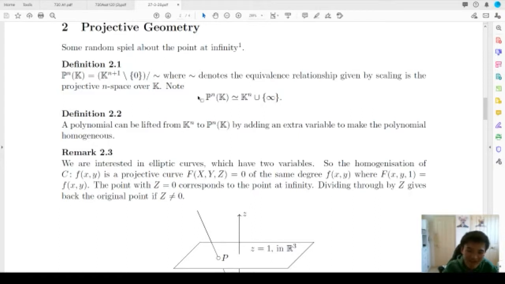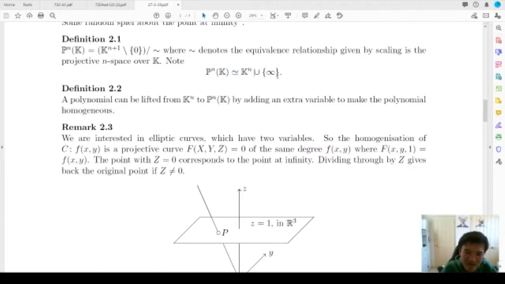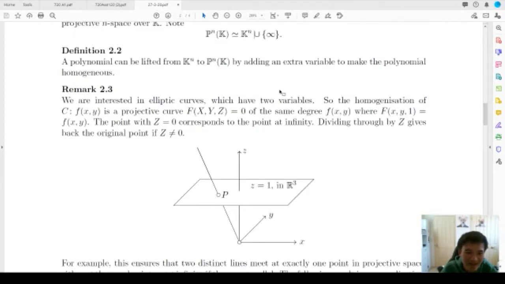But it's easier to think of it this way. So the projective space is, I don't actually know if it's isomorphic or equal. Could someone help me? I wrote isomorphic because it's always correct to write isomorphic, but it might be equal. It's equal to that original field union the point of infinity.